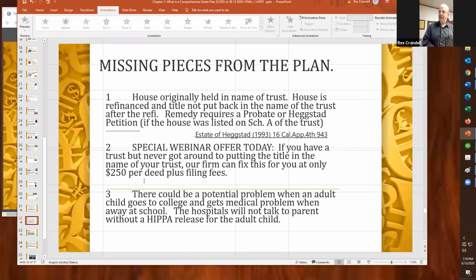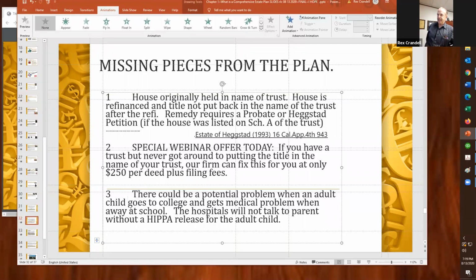And there's another abbreviated procedure that the courts devised in the case of Hegstead, where they treat a trust to be like a deed. There's a granting clause in the Schedule A of assets. It describes the property, and it was notarized. So they make a fiction, and instead of doing an entire probate, we can bring the situation to the probate court and ask them to put it in the trust, so we don't have to do a probate. But some judges won't do it.